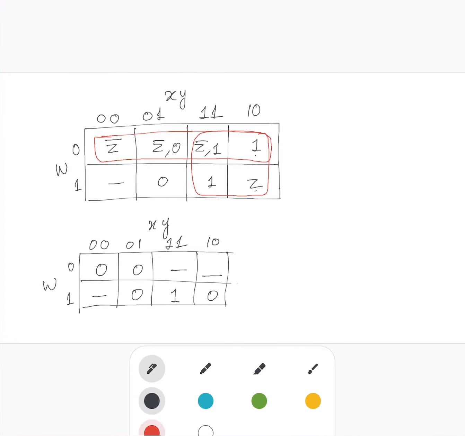Now grouping the terms with the don't cares, we can group these values.